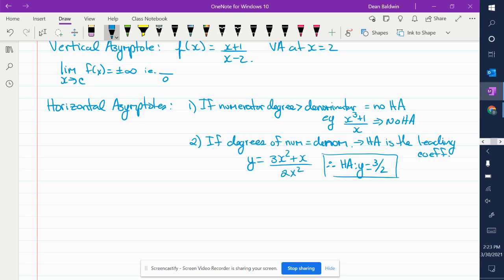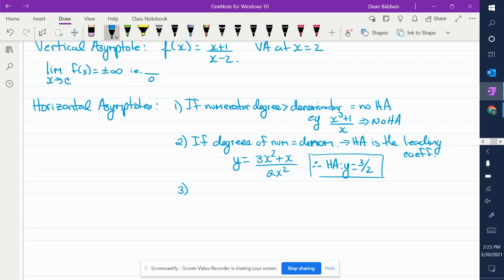And the third one is if the bottom, the denominator, has a greater degree. Then your horizontal asymptote is y is equal to 0.